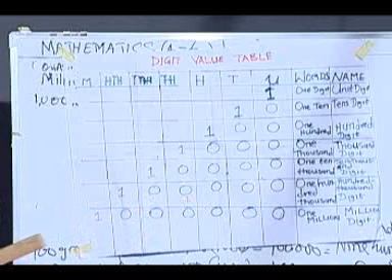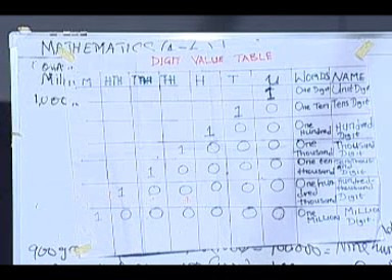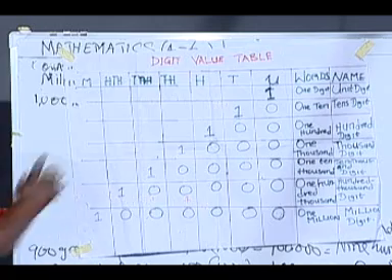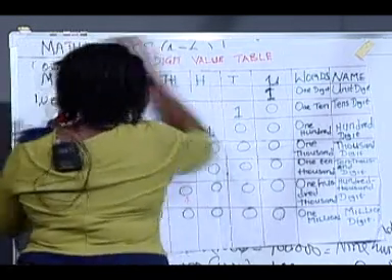Okay? Very good. Also, we can use abacus to show the value of numbers. But the most important thing is, how can we now count? Methods of counting. There are 2 major methods of counting: ascending and descending order.